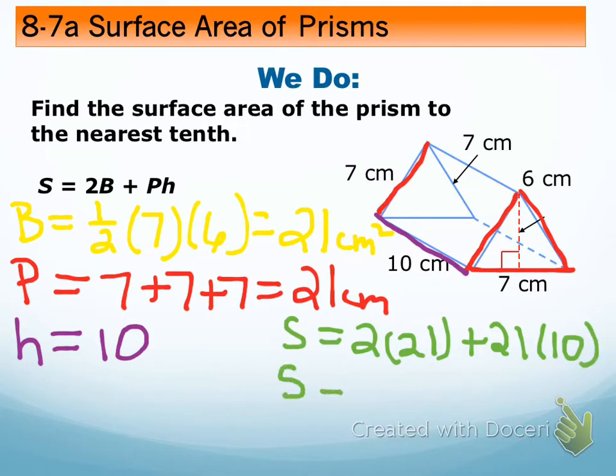So the surface area, when we plug that all in, is going to be 252 centimeters squared.